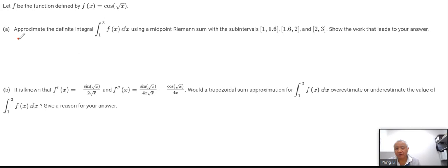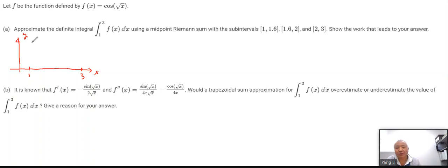This is the x, this is the y, and suppose this is 1, and this is 3. Even though we do not know the shape of the function, we just randomly draw it, okay?